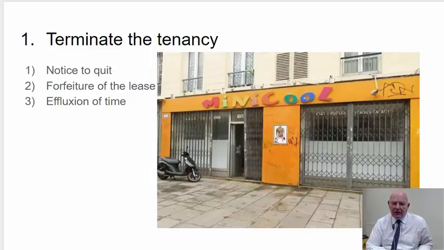Second way that a termination normally occurs in a tenancy is through forfeiture of the lease. In other words, the lease would be forfeited by the tenant on the basis of some breach of a covenant or condition in the lease. Now there are notices to be served.